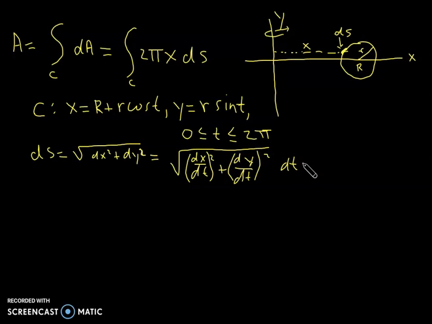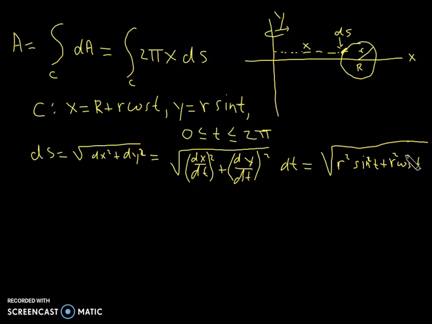Okay, but dx/dt, come up here and look at x. Both the R's are constants. So dx/dt is negative r sine t, and when that gets squared, we get r squared sine squared t. And then plus, dy/dt is r cosine t, so we square that, and we get r squared cosine squared t.